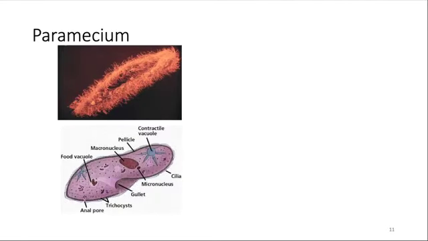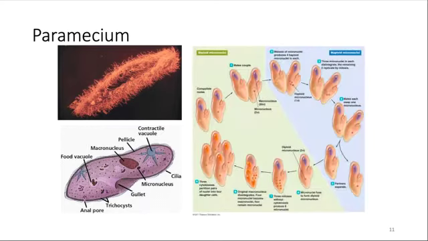Paramecium exhibits what we call conjugation. Remember, we've already come across conjugation, but this conjugation is different from that in bacteria. In this conjugation, you have divisions of the micronuclei. So Paramecium has both a macronucleus, a bigger one, and a micronucleus.